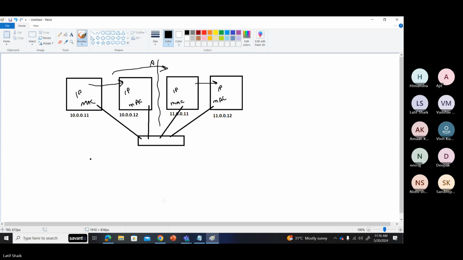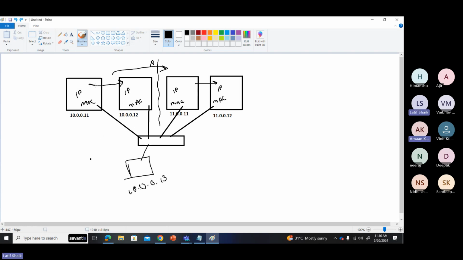And in case one more system is connected here, it is also 10.0.0.13, so automatically it becomes part of this network only. And this arrow which you are drawing between these boxes signifies that these are connected to each other, right?